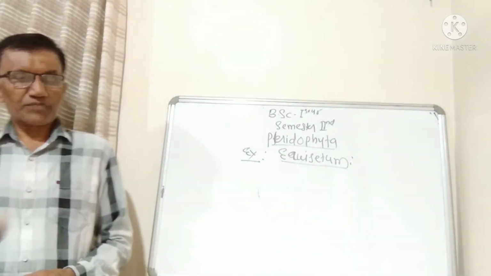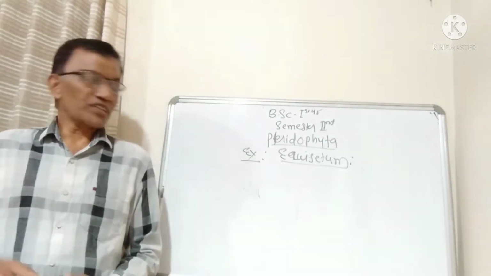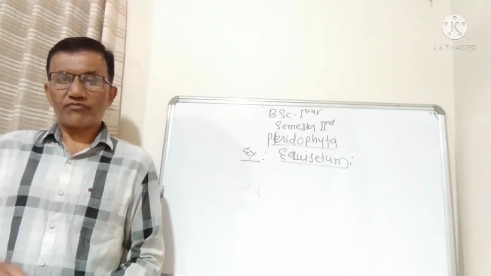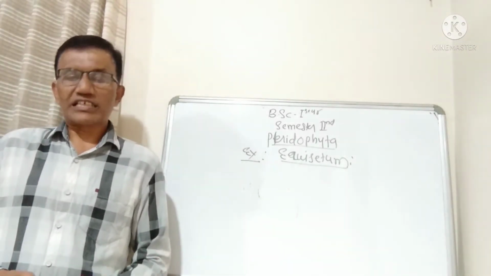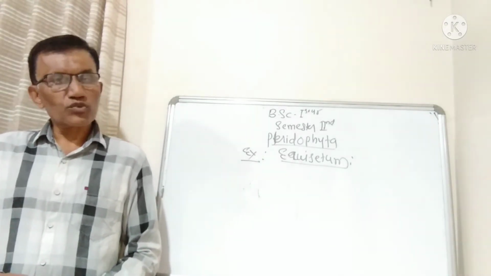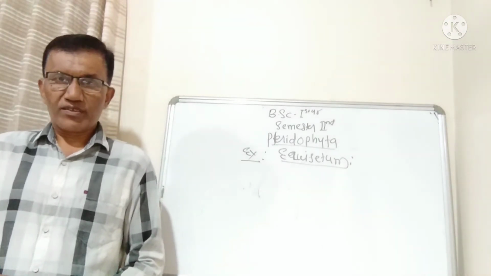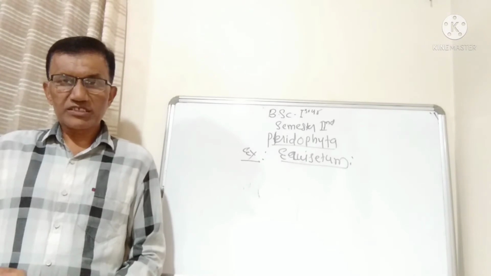The practical exams are online exams, and after that in the first week of August there will be a final or theory examination. They are also only online. There is no offline examination conducted by the university. So you have to remember these things.